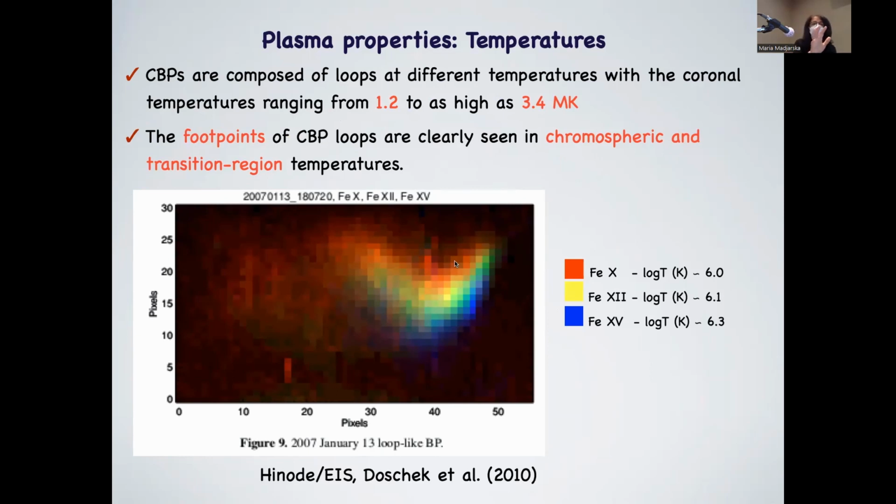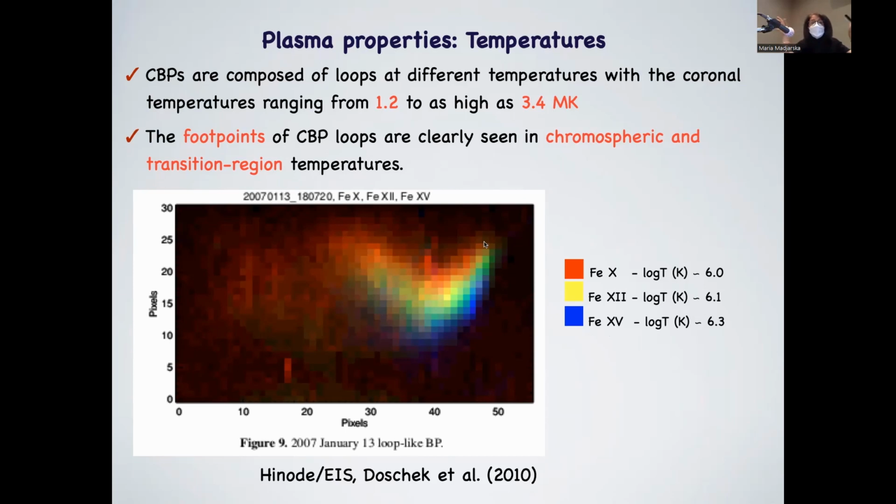So you observe the loop system upside down. It just happened to be formed like that. You can see here in yellow the next higher loops at 1.2 million degrees, and up to 1.5 million degrees in the iron 15 line on top of this image.